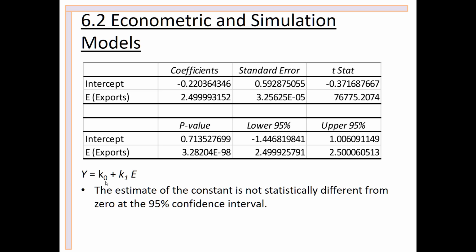So again, Excel did a good job in indicating that there may be no real intercept in this model. My estimate of the multiplier is 2.49, again, very close to the true value. So this model is well specified. This constant here is 0, and the multiplier is 2.49.